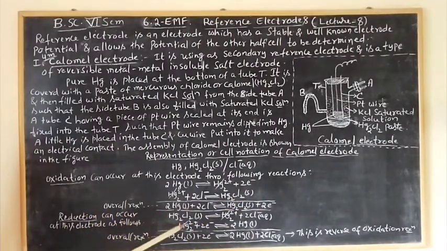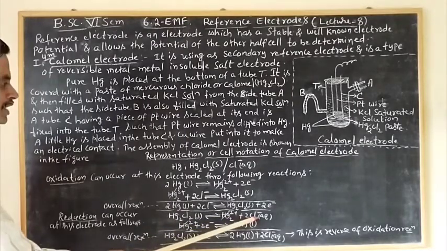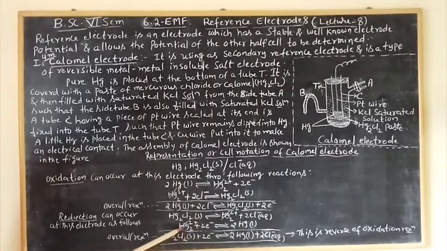Reduction can occur in this way. Hg2Cl2 solid gives rise to Hg2²⁺ plus 2Cl⁻ (aqueous). Hg2²⁺, by taking 2 electrons, is converted into 2 moles of mercury in liquid form. Taking the overall reaction by adding these two, Hg2²⁺ gets cancelled.